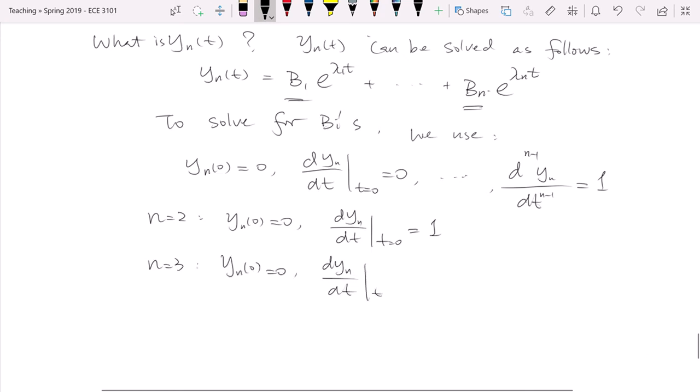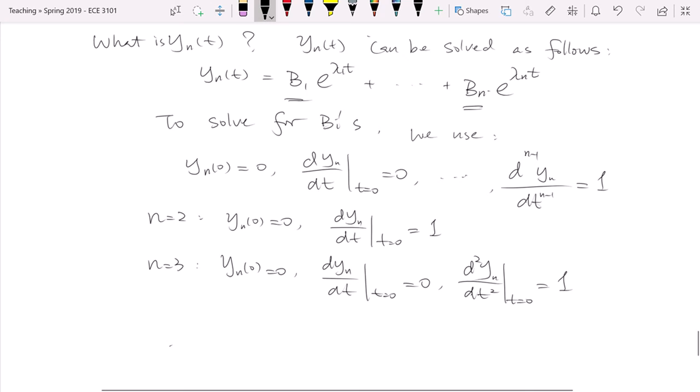N equal to 3, for instance, will be the first two being 0, and the last one has 1. That's all.